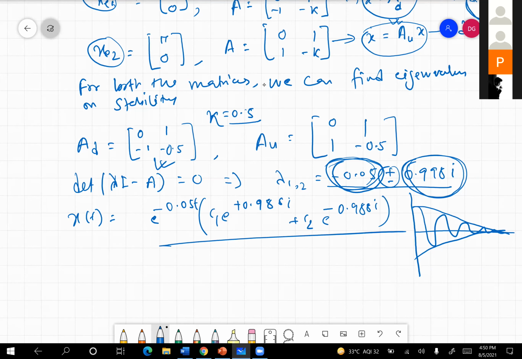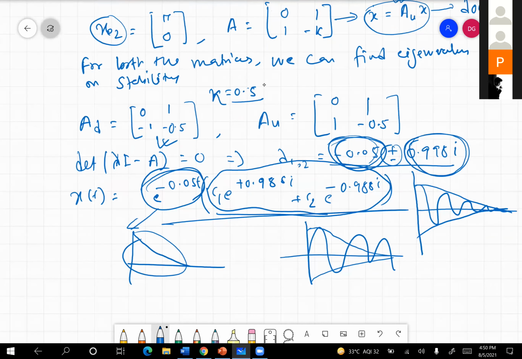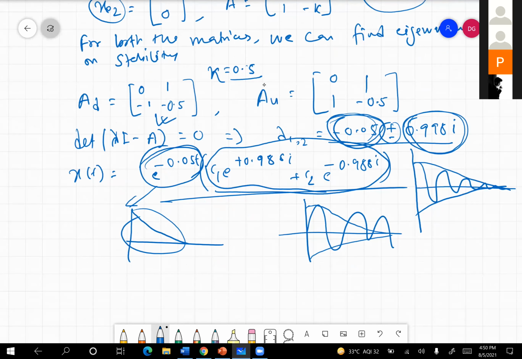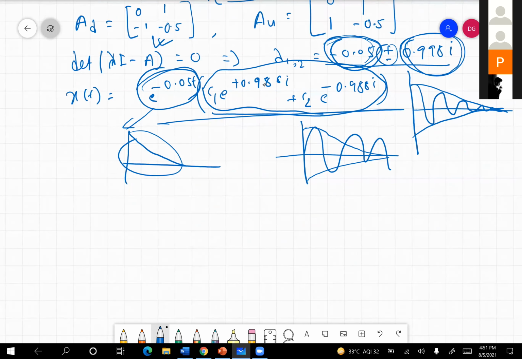So this is the kind of system. If you see this part, this is basically oscillating, so continuous oscillation is there. But because of the other part, it is exponentially decreasing with time, so the oscillation is actually decaying with time. Okay, so this is what we are seeing from the system when it is vertically down. Now let's look at the system at the vertically up position.